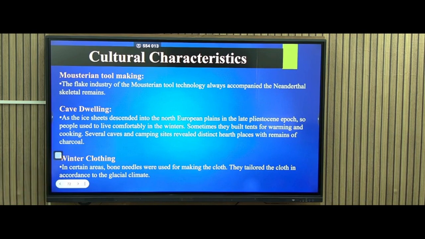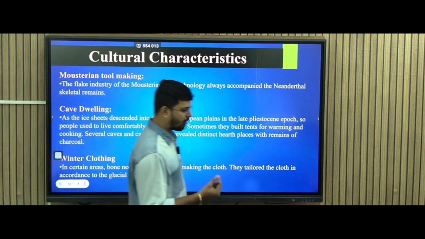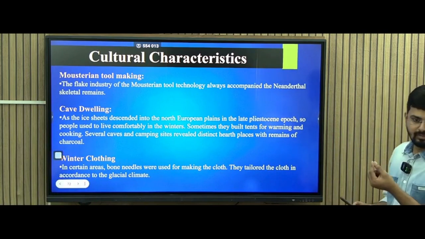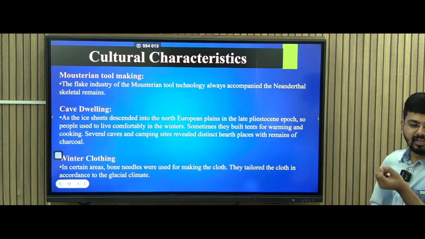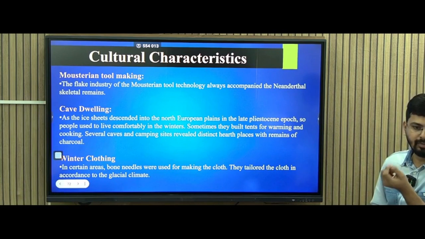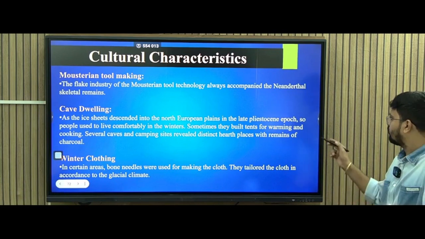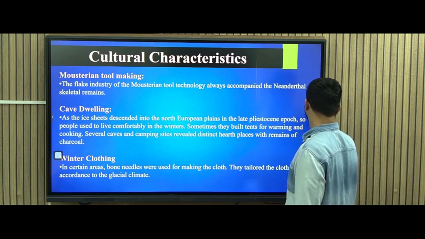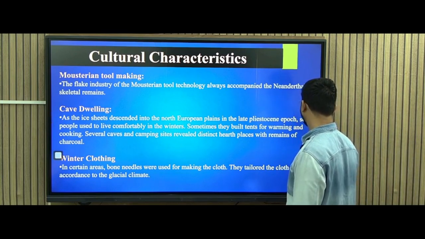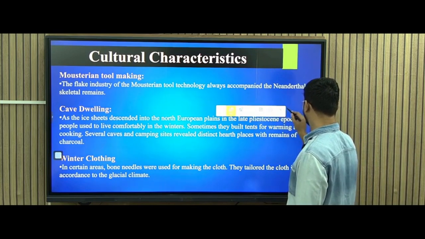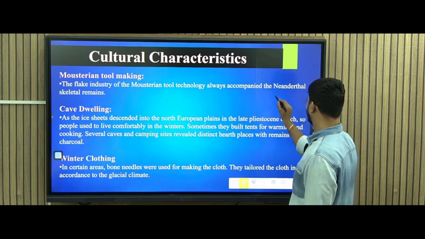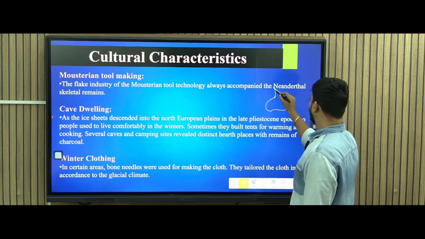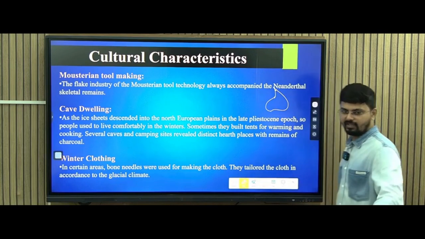And then tools have been found which look like burins. It's called a burin. Burin means, how to show it, like here a needle kind of thing can be seen.